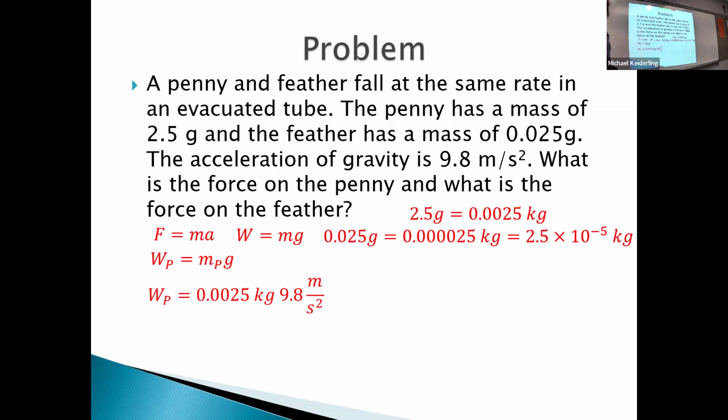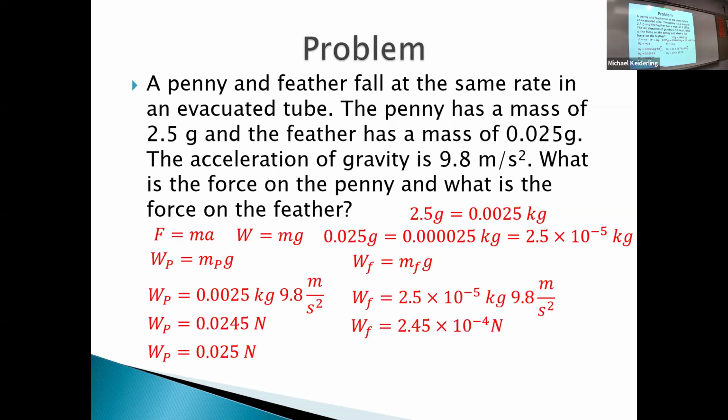So the weight of the penny ends up being 0.0245 newtons. So that rounds to 0.025 newtons. And the weight of the feather is 0.245 times 10 to the minus 4 newtons, which is 2.5 times 10 to the minus 4 newtons.